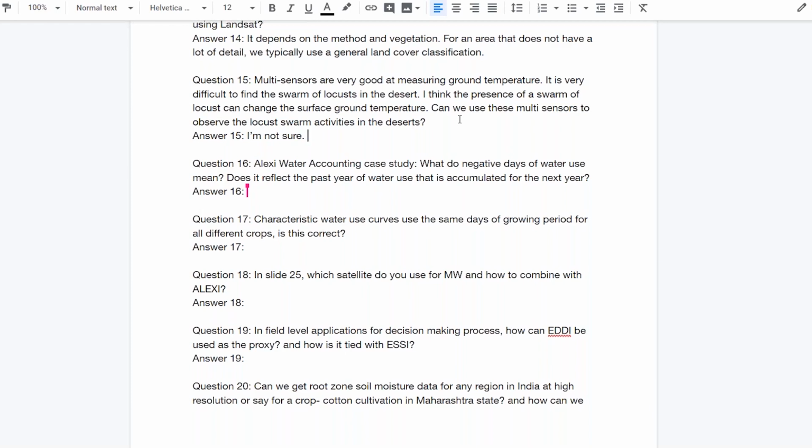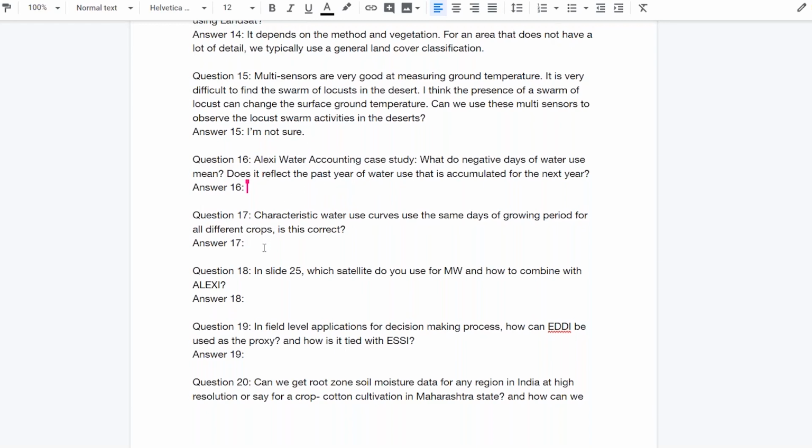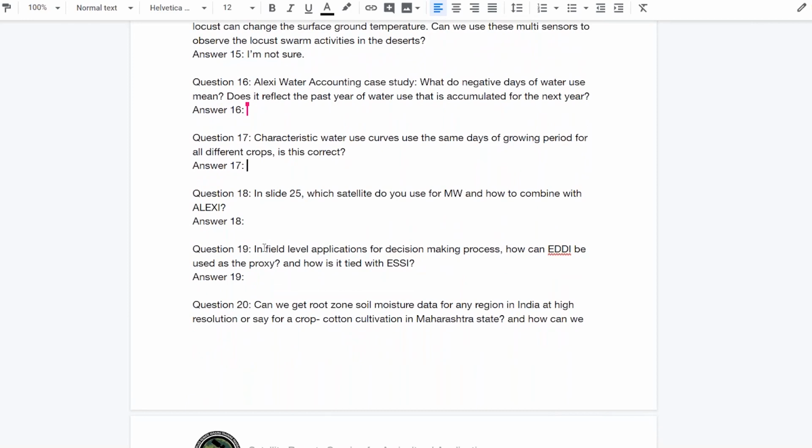Great. Question 17. Characteristic water use curves use the same days of growing period for all different crops. Is this correct? Yeah, I think in that study, that's one of the assumptions we're making, over a growing season, kind of being stable.